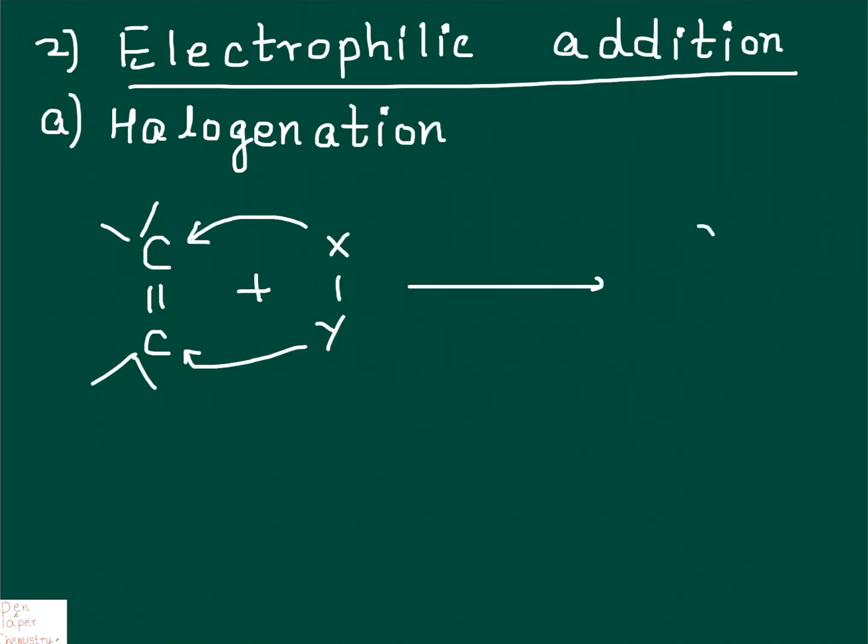So what we have over here is carbon X single bond carbon Y, as simple as that. So further on, all the reactions which we are doing as electrophilic addition reactions, this is what you have to do, as simple as that.